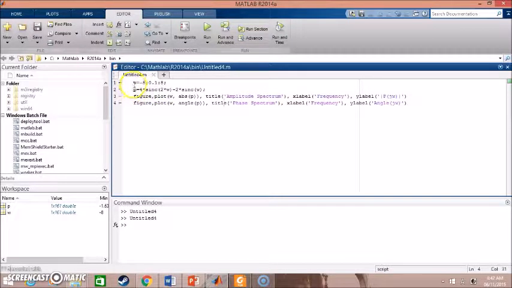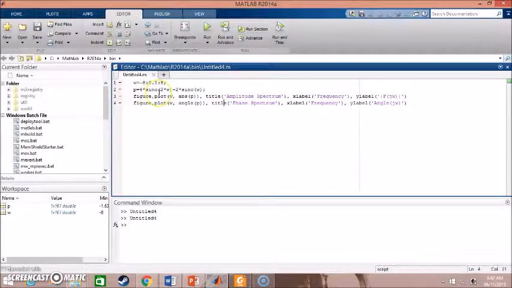For the first line, we can see w equals negative 8 colon 0.1 colon 8. Negative 8 and 8 respectively represent the range of frequency for the x-axis. 0.1 represents the increments.